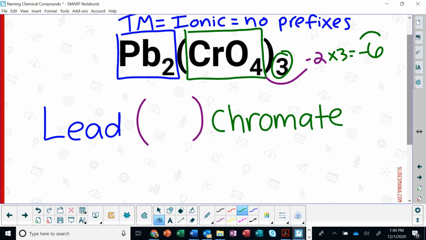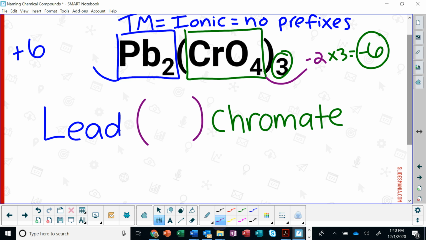Well, if this is -6, then the Pb over here has to be +6, because in an ionic compound, you want the charges to cancel out and go to 0. So the metal must cancel out the non-metal or the polyatomic ion.